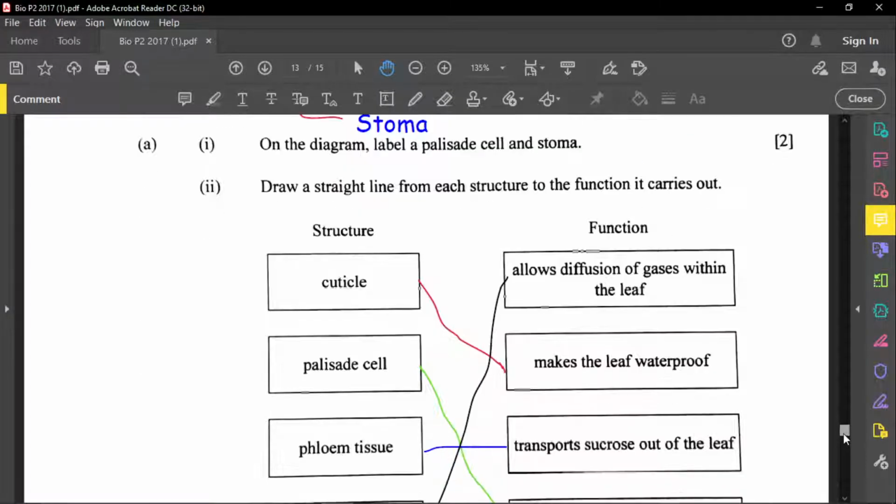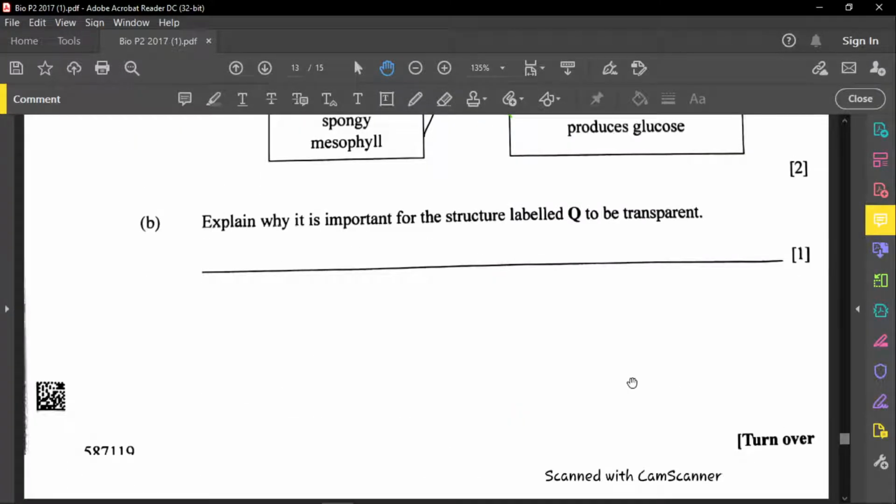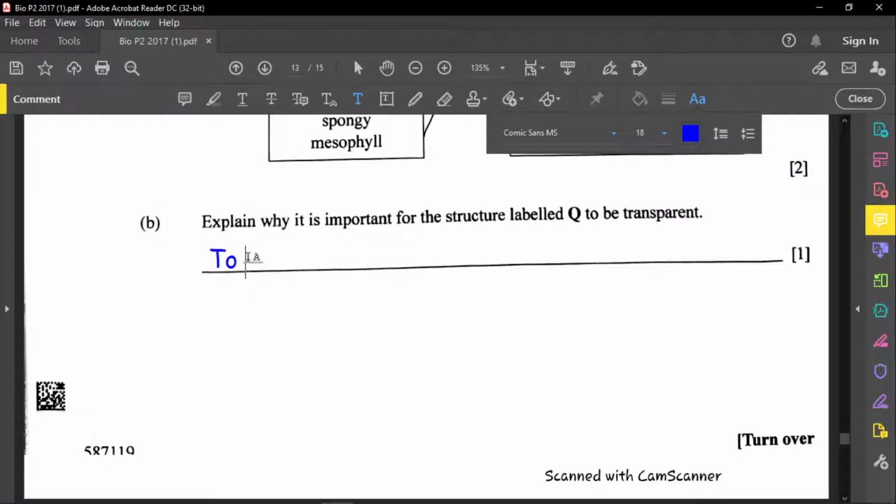It's very simple. It's at the top of the leaf, right? So light has to go through it. So the purpose of this is to allow the passage of light to the photosynthetic cells. So I'm going to write that right there. To allow the passage of light to the photosynthetic cells, okay?